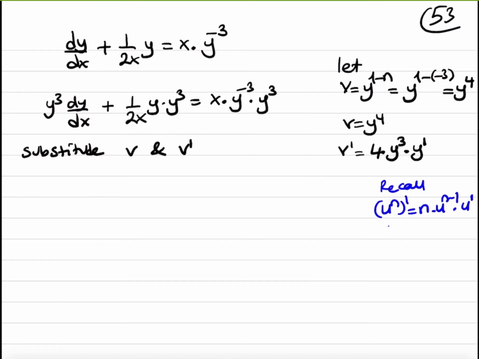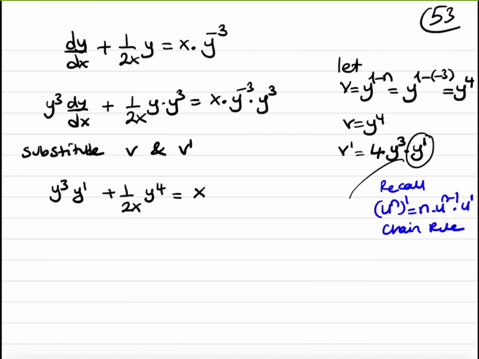This is the chain rule. Okay. So let's write y cubed y prime plus 1 over 2x y to the power 4 is equal to x.